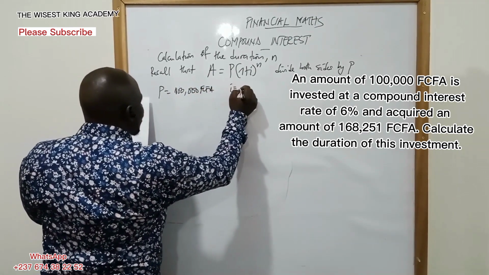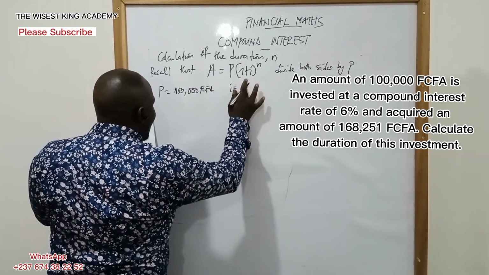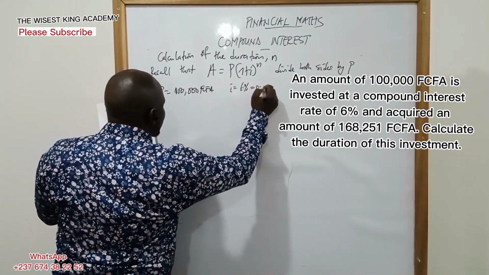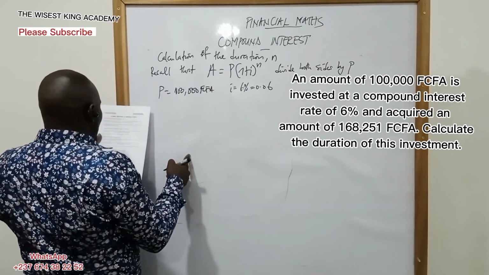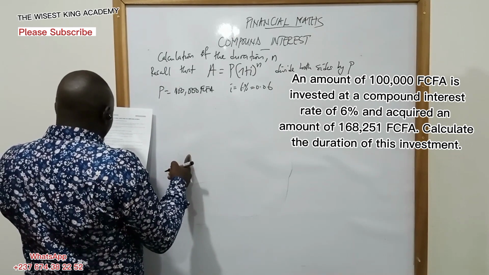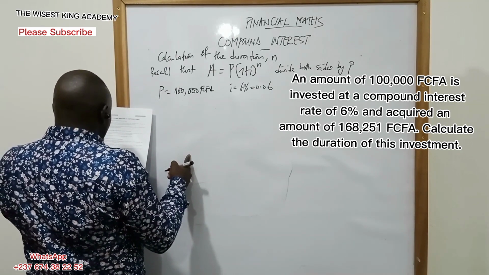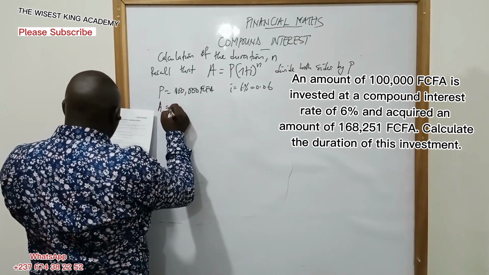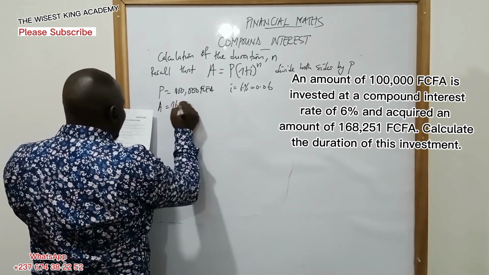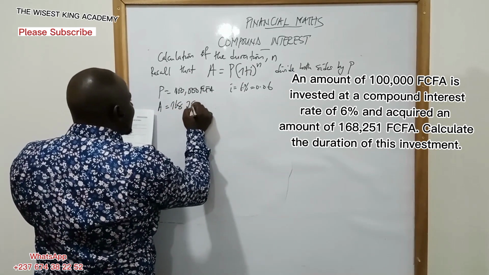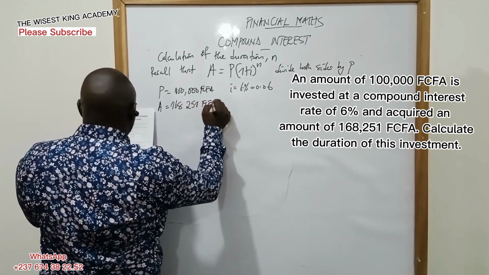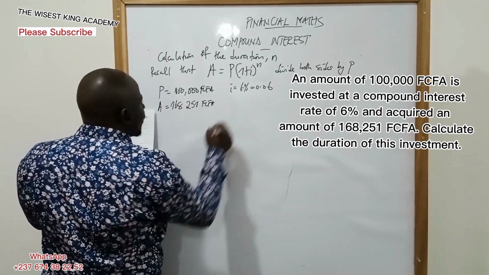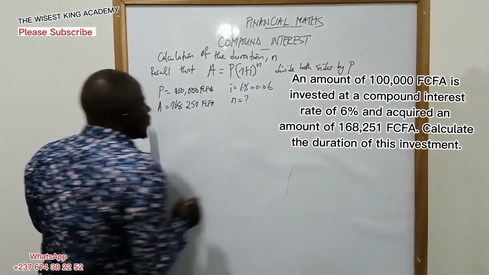Our compound interest rate is 6%, which is equal to 0.06, that's 6 over 100. And we have the acquired value, 168,251 francs CFA. Calculate the duration of the investment, so N, we don't know.